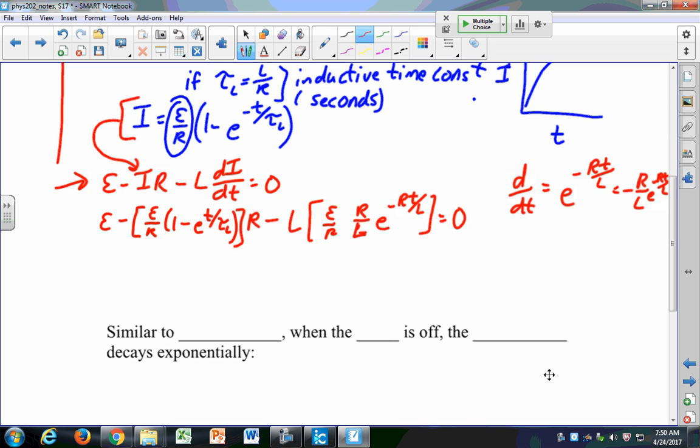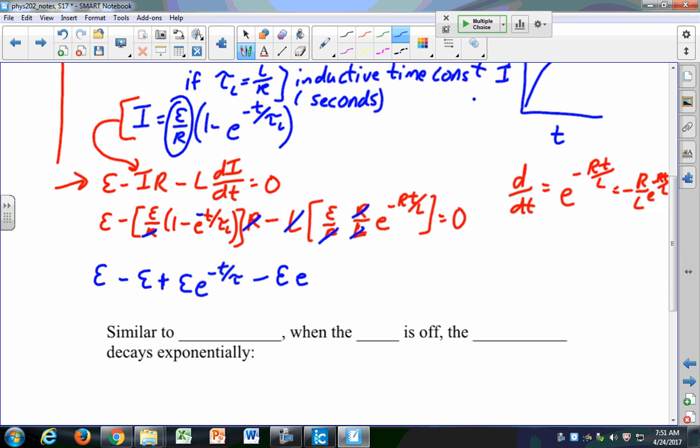Okay, so now I want to go through. I can do some cancellations here. I can get rid of the R there, and so I get E minus E times the exponential of negative t over tau, minus, let's see, my R's cancel there and there, my L cancels here and here, and so I'm just left with minus, let's see, I should have a positive E. Oh, wait, no, this one's positive right here.